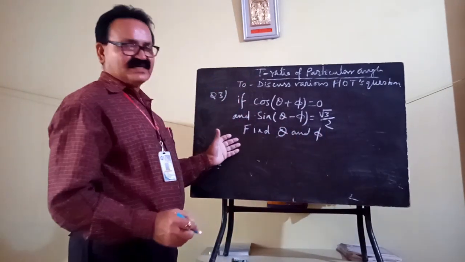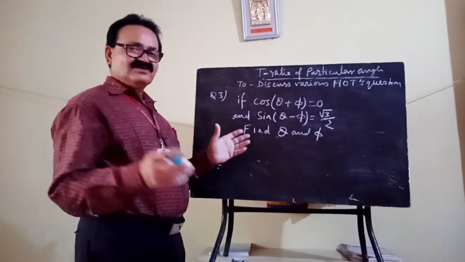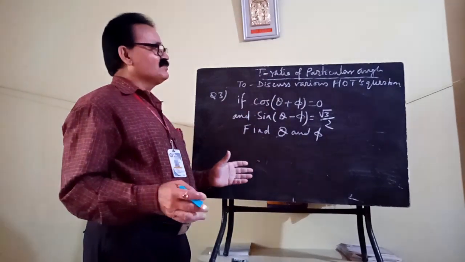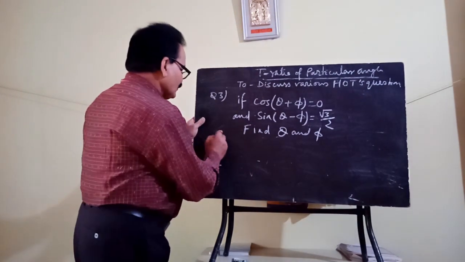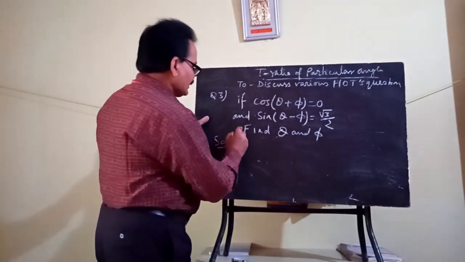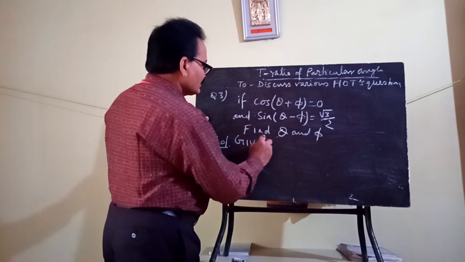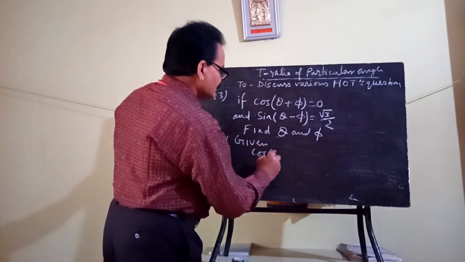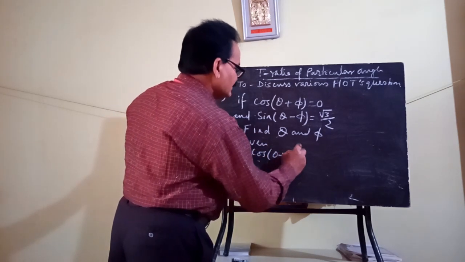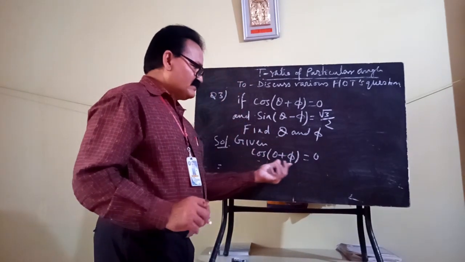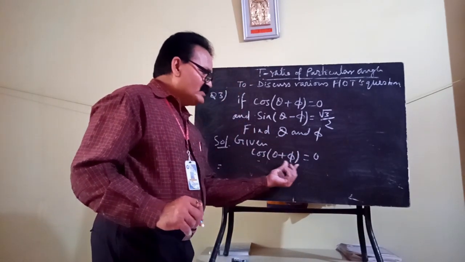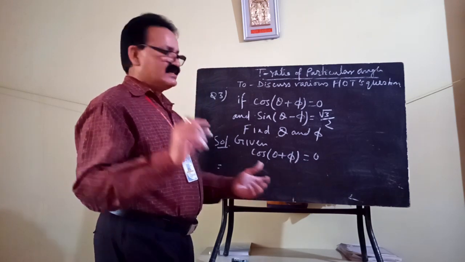This type of question, it is better you use the concept of your particular angles. Okay, clear? So for solution, you just write given cos(theta plus phi) equals 0. The value of cos of which angle becomes 0? 90.